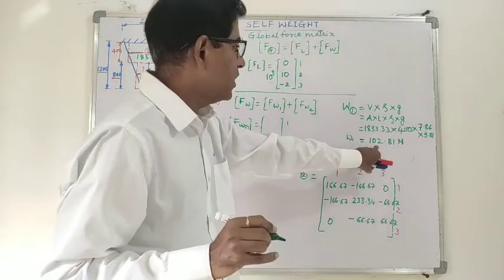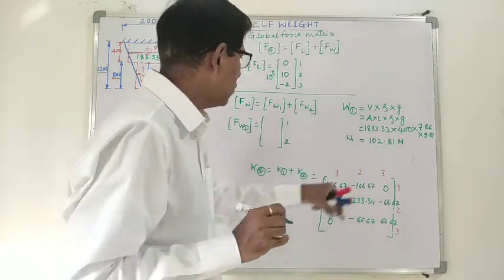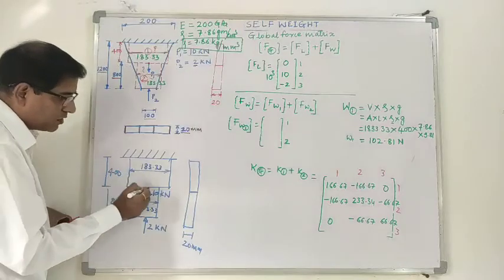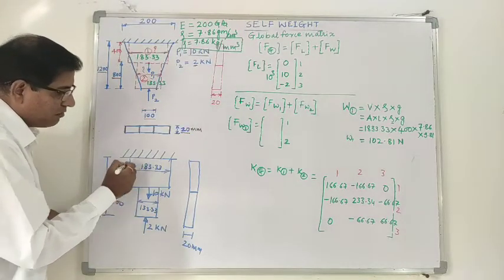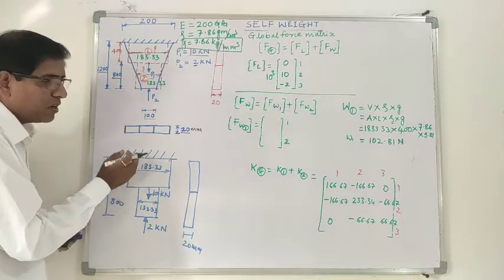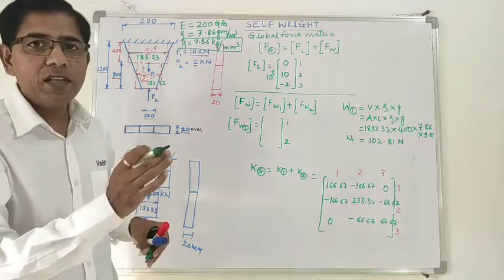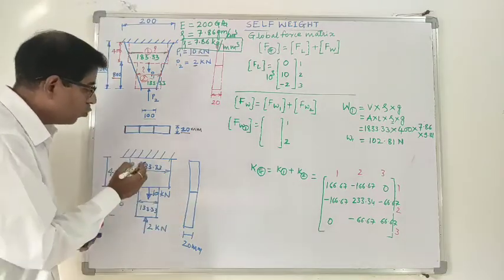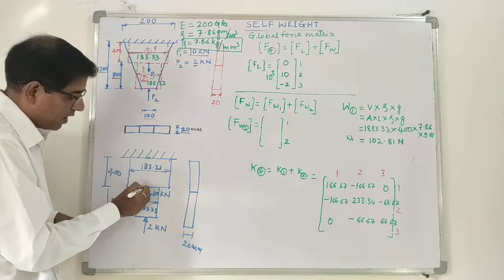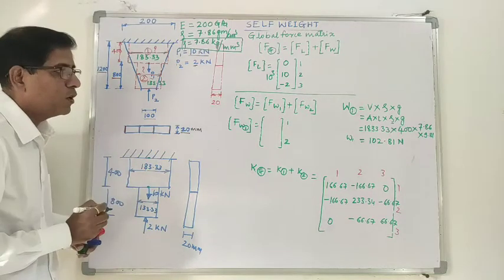Now this 102.81 Newton is the total weight of section 1. This total weight of section 1 is divided equally, or distributed equally, at the two nodes, at node number 1 and at node number 2.